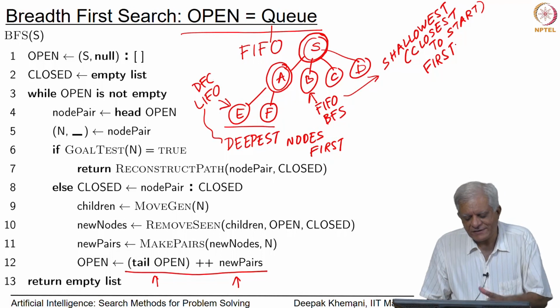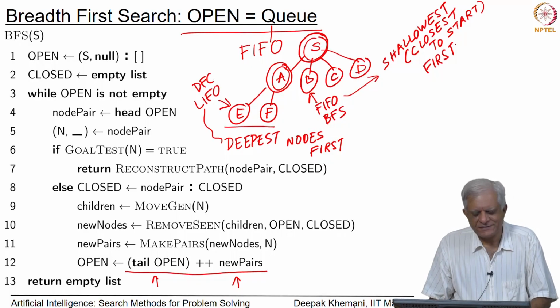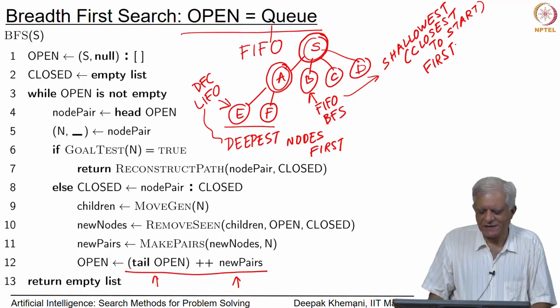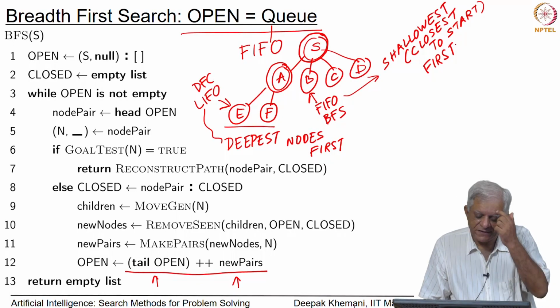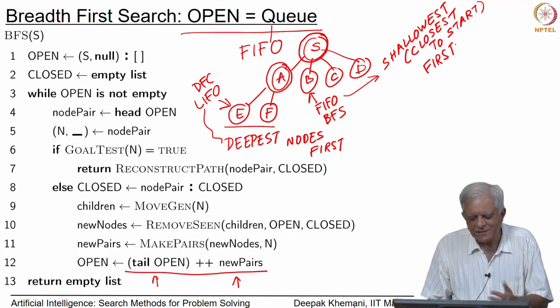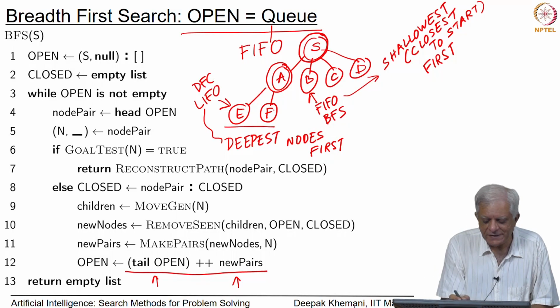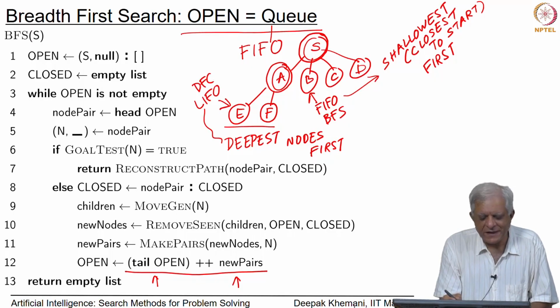As you can see from this very quick comparison of the two algorithms, depth first search is like an impetuous search algorithm. It just runs off in some direction and will backtrack only if it reaches a dead end in that direction. Remember that if, for example, E and F were to be dead ends, then it would remove them from open and add nothing to open.